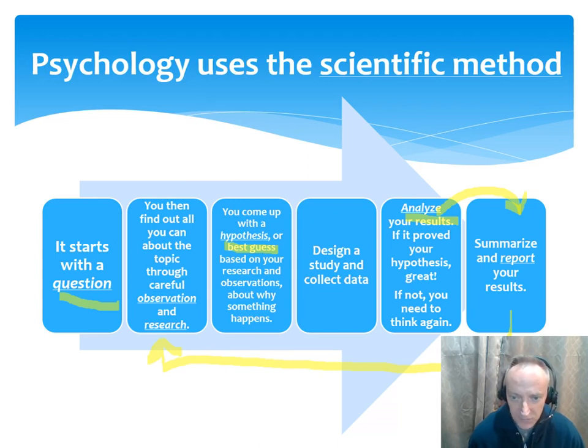If your hypothesis was not supported by your data, then you have to cycle back through the process. So did I guess wrong? Did I come up with the wrong way to study and collect the data about it? So the scientific method is continuously building on the past research.